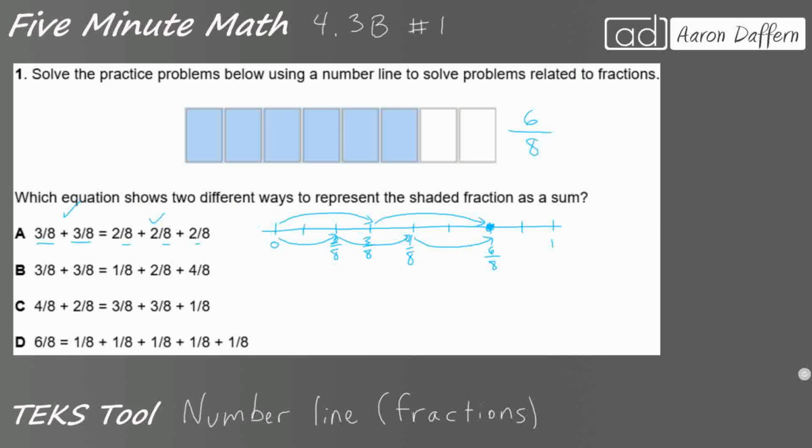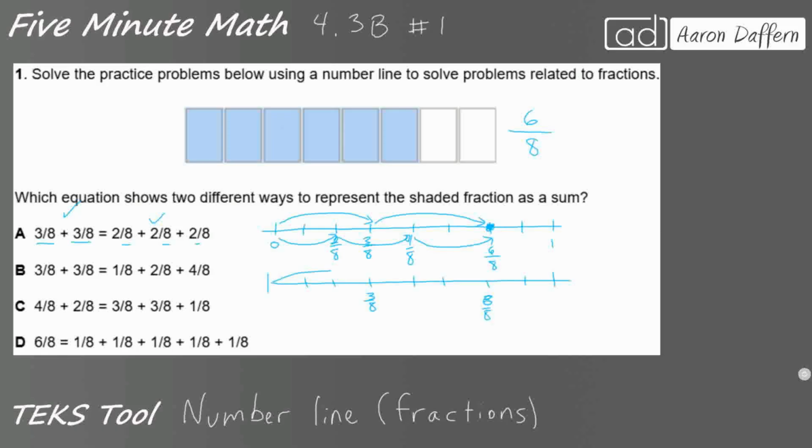Let's check the other ones to make sure they are not going to work. And so we'll do the same thing here. We'll get our 0 and 1. All right, so I've got 3/8, so there's 3/8, and there's 6/8.